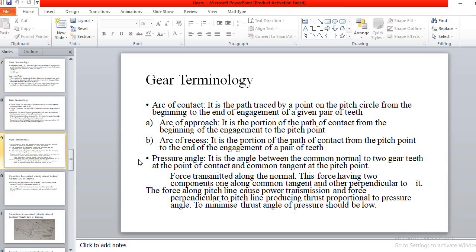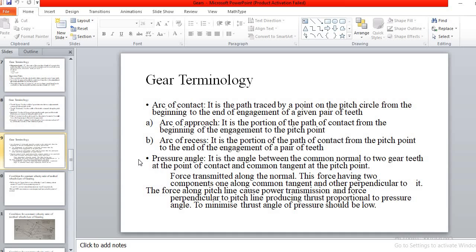At that point of contact, if you draw a common normal, the angle between that common normal and a line drawn tangent to the two pitch circles, also passing through this point, is nothing but the pressure angle.